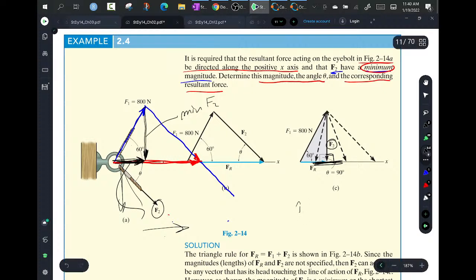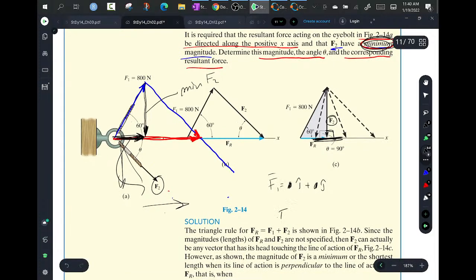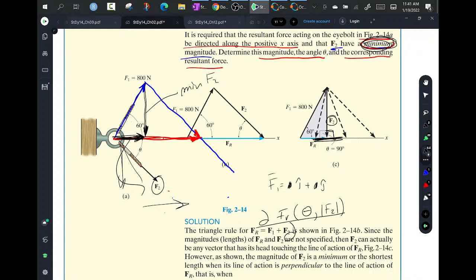If you use the i and the j, where you represent F1 equaling some value i plus some value j, and then you want a minimum, a lot of people will say, okay, I'm going to come up with the resultant vector FR, which will be a function of theta and, I guess you could say, the length of F2, and I want to take the derivative with respect to either one of those and set it equal to 0.